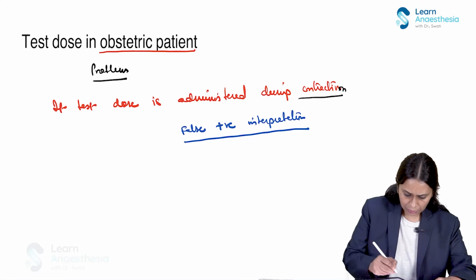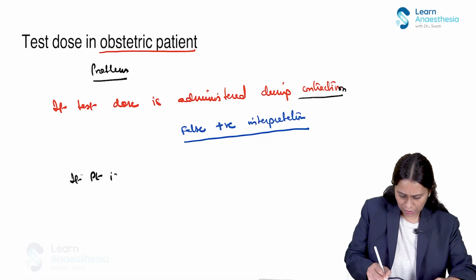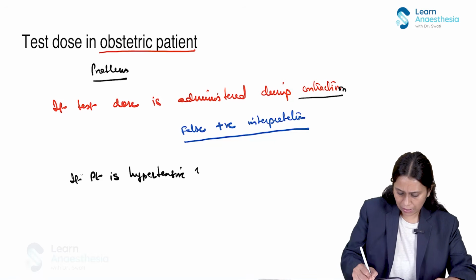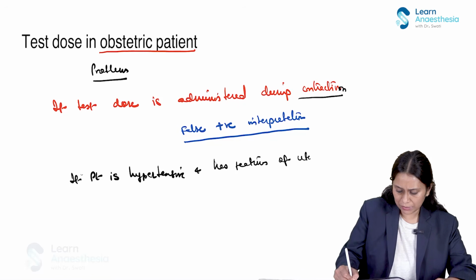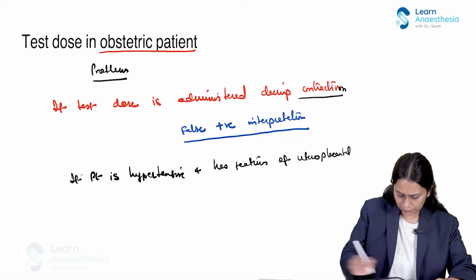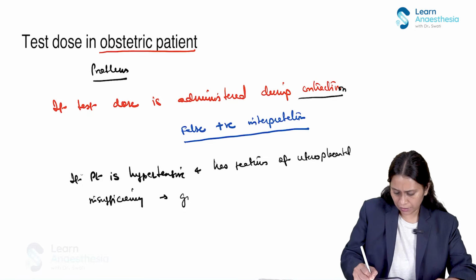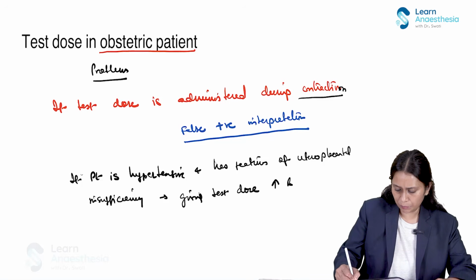So, let's say if the patient is hypertensive and has features of uteroplacental insufficiency, giving test dose would increase the blood pressure and can deteriorate the fetal blood flow, right?